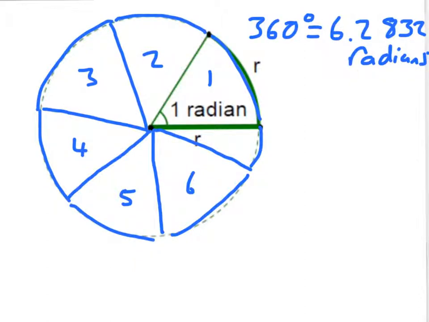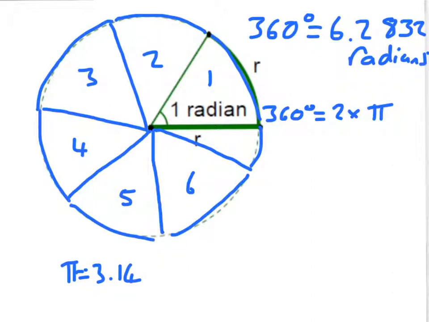So, where did I get that number from? Well, this is where it gets cool. If I have 360 degrees, 6.2832 is actually the same as 2 times pi. Now, you might know what pi is, you might not. Pi is just equal to, in a simplified form, 3.14.